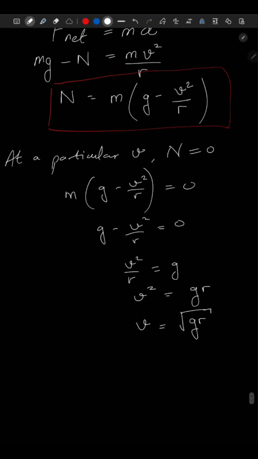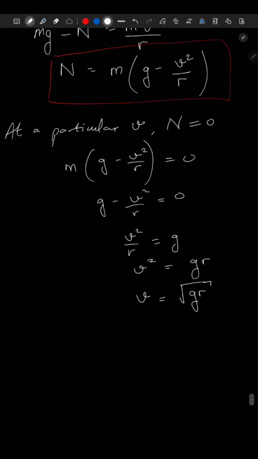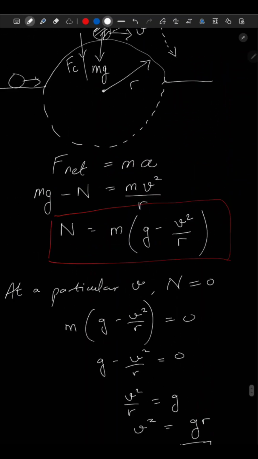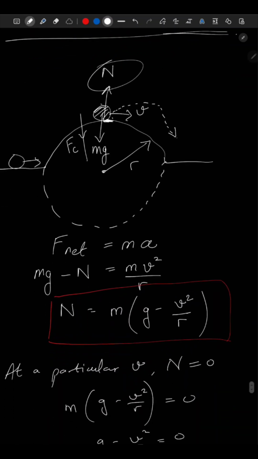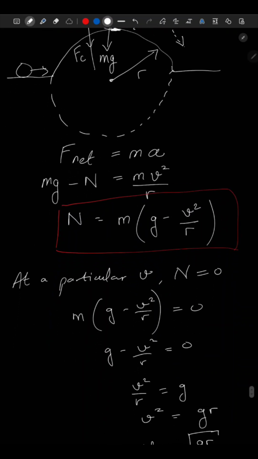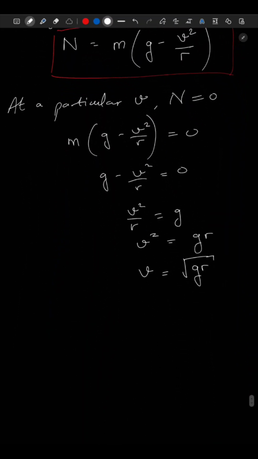This is the speed where the car is on the point of leaving contact with the bridge, and it will fly over and go in the air. So at this speed, it is about to take off.